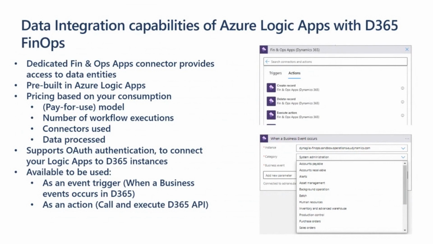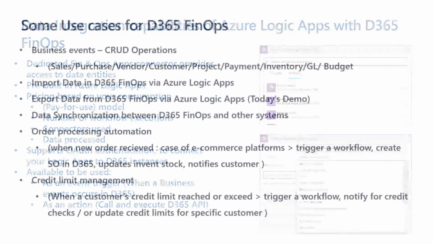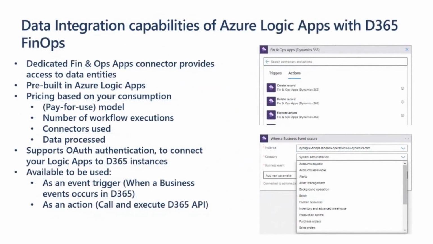In Azure Logic App, you have a dedicated data connector pre-built in the tool, so you don't need any extra setup. You can just drag and drop it, and it supports auto authentication to connect directly to all your D365 instances.